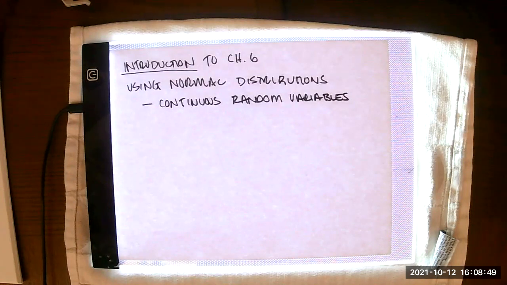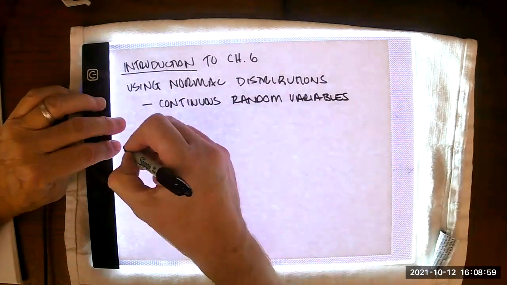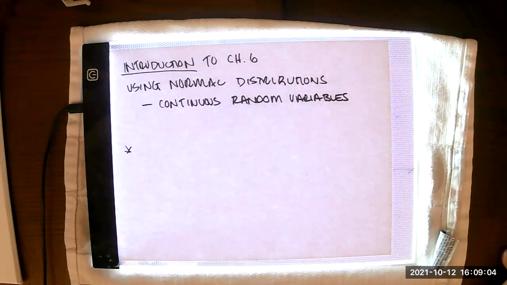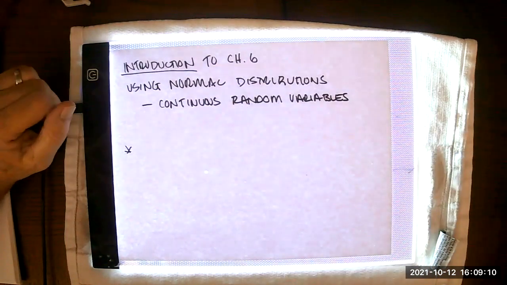It also means that it's time for me to introduce a very important concept. And before I introduce the very basic concept, I want to talk about a really simple type of probability distribution.